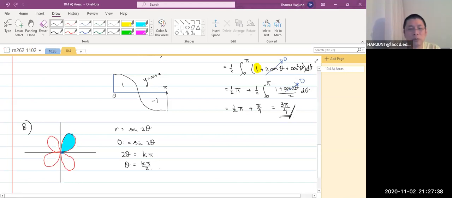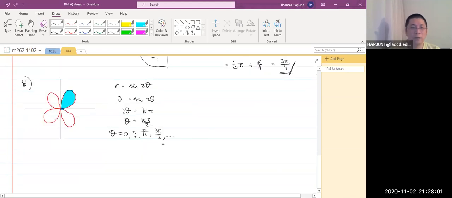So theta equals 0 and theta equals, it looks like this series here. So it will be 0, pi over 2, pi, 3 pi over 2, and on.